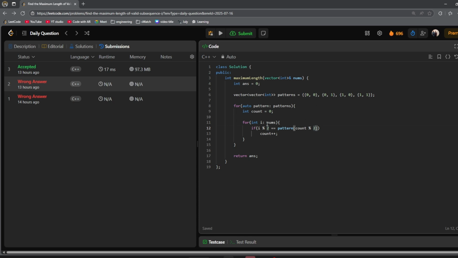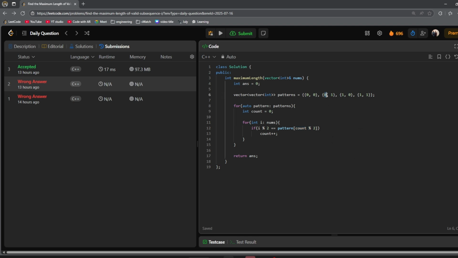Similarly, for example, if the current number is even, it's going to get compared with this one. Then you're going to see pattern of count will be equal to 1. So you're essentially looking for an odd number, then again you're looking for an even, then you're looking for an odd. So this count mod 2 basically achieves that sense of repetition.